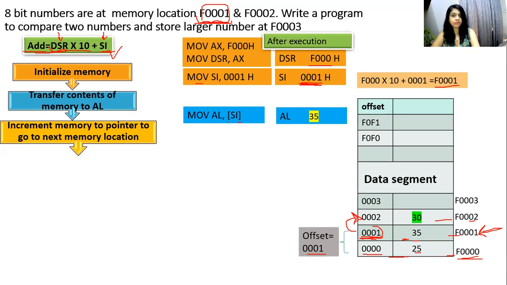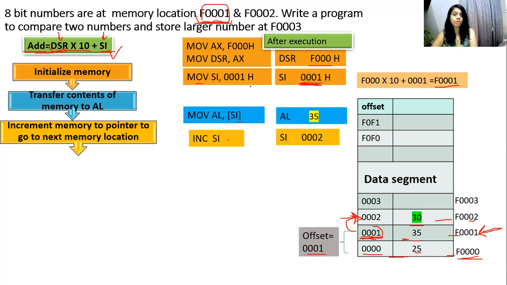So we use INC SI. INC SI will increment the contents of the SI register, and when this instruction is executed, SI will now hold 0002. Since SI is 0002, it is now pointing to this particular memory location where the second number is stored.